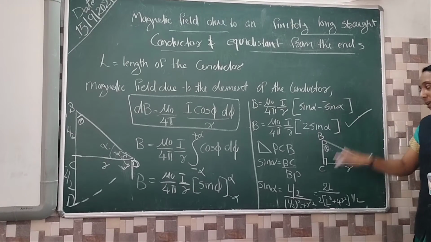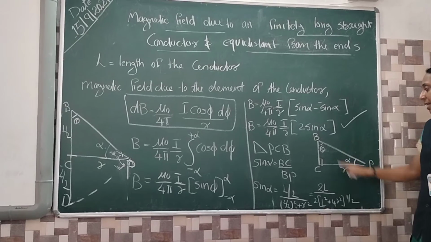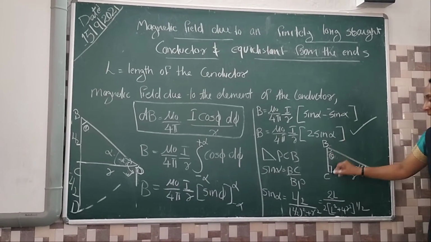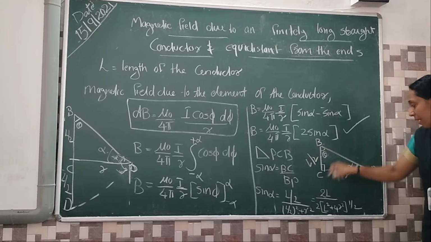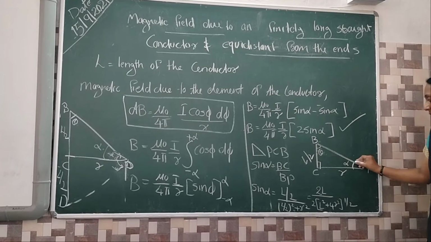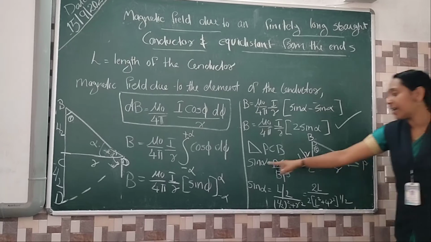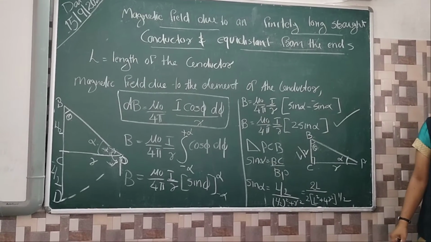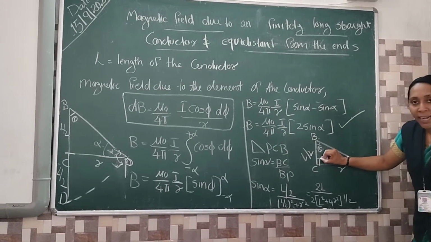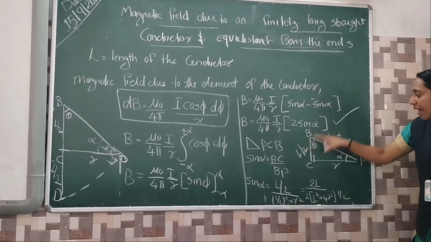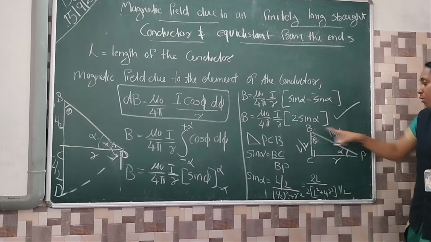Then next step is I am considering the triangle PCB. What is BC? L by 2. What is CP? R. This angle is alpha. And take the sin alpha. Sin का expression क्या है? Opposite side by hypotenuse. This is the 90 degree. So this one is the hypotenuse. Sin alpha का opposite side BC by hypotenuse BP.